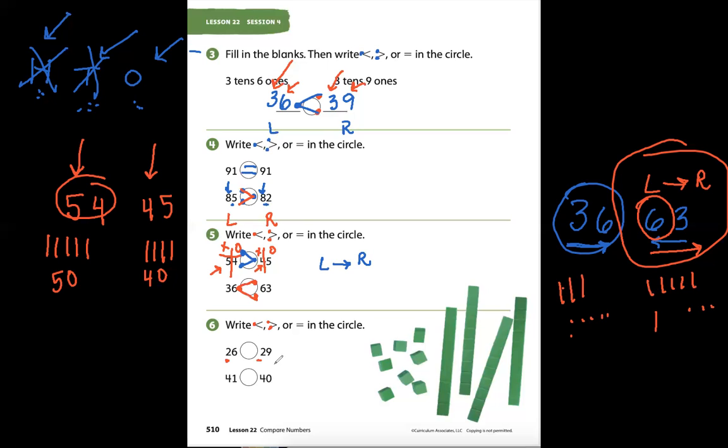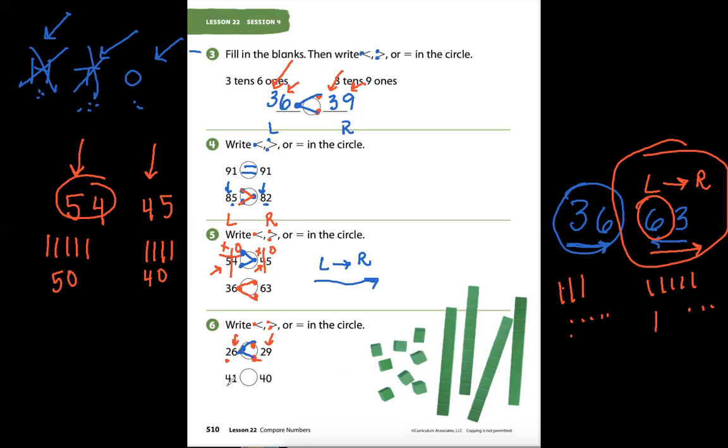It's the same value, so I need to look to the ones place. 6 ones and 9 ones. 9 is more, I'm going to give it 2 dots. 6 is less, it gets 1. Connect those dots, starting on the side with 2 dots to 1 dot to 2 dots, and read from left to right. 26 is less than 29.